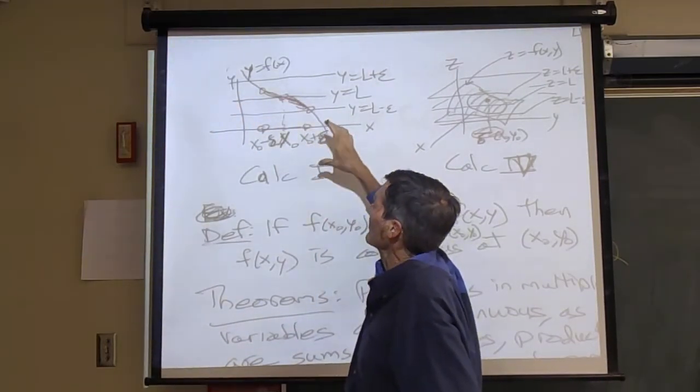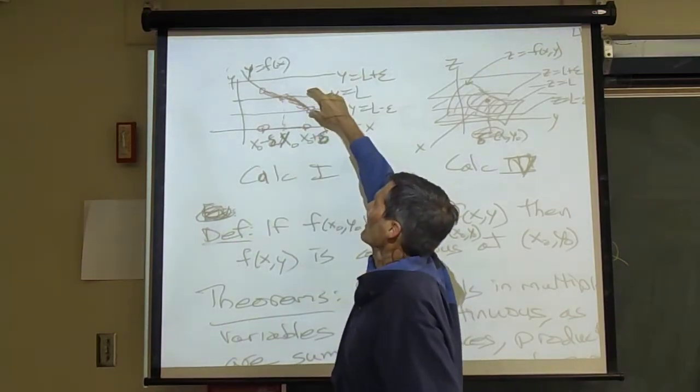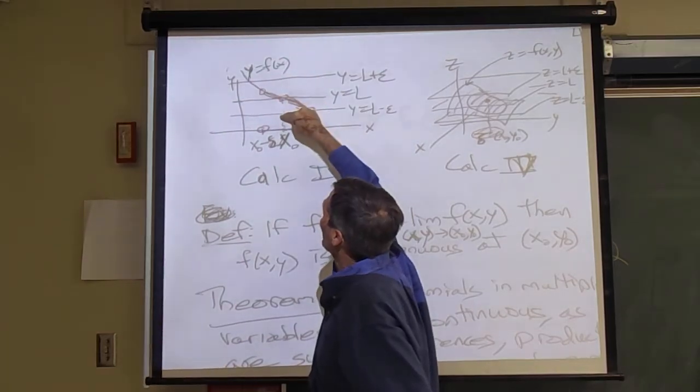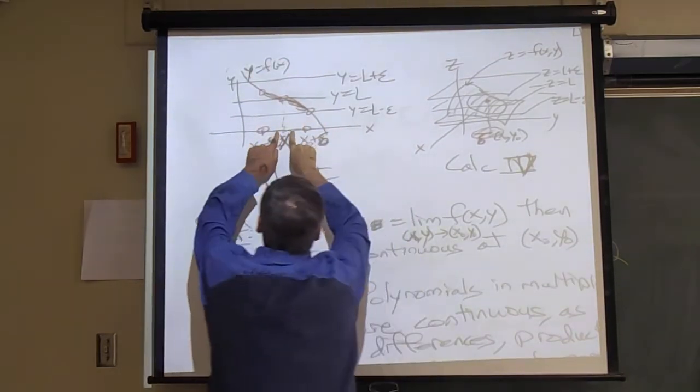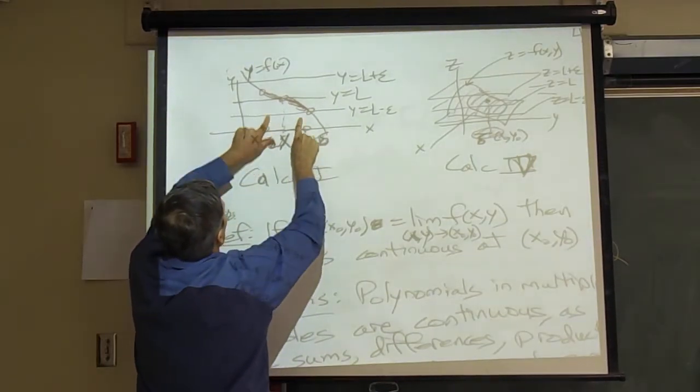I just say to you, you pick a small positive number epsilon, no matter how small, and I'll go epsilon units above and epsilon units below. I can find a piece of the function that's that close by finding a number delta small enough.